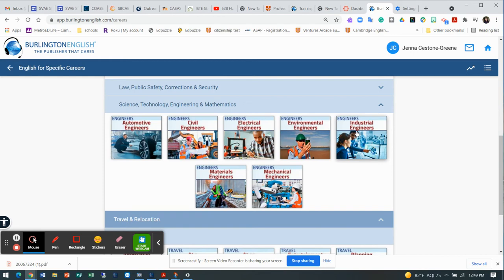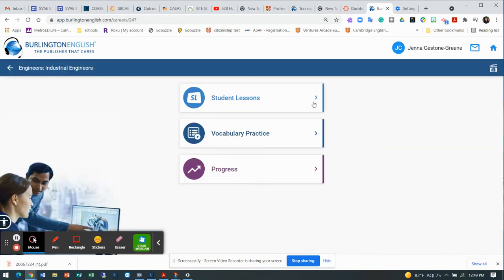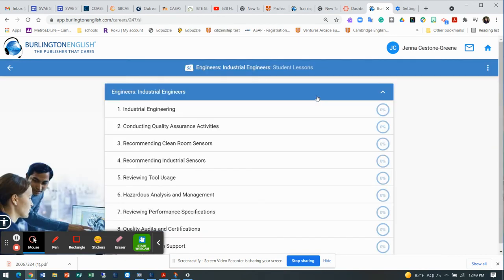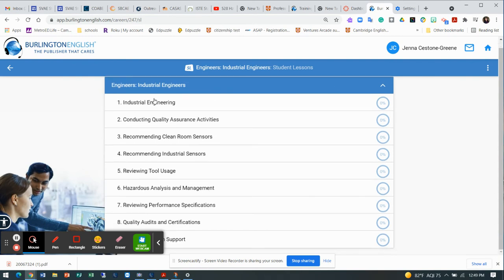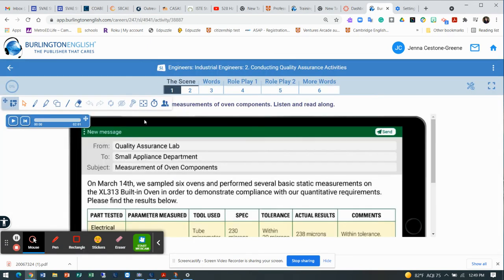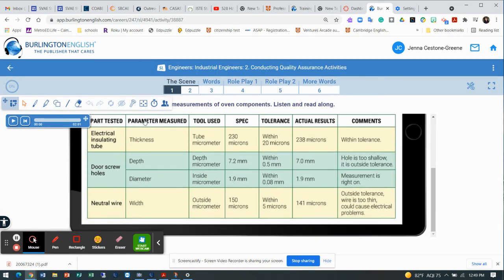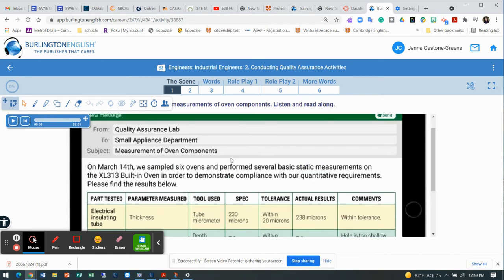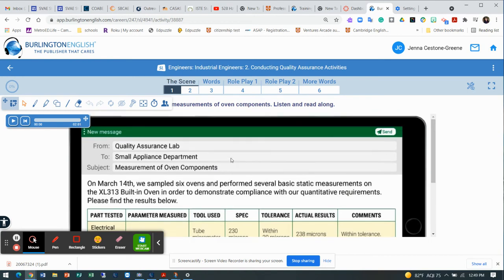Well, one way to do that is to give them lessons in things they already feel comfortable with. And so there's a variety of lessons talking about quality assurance, things in our country, things that they might be used to. So I would have them work through these lessons. It's taking English and making it meaningful.